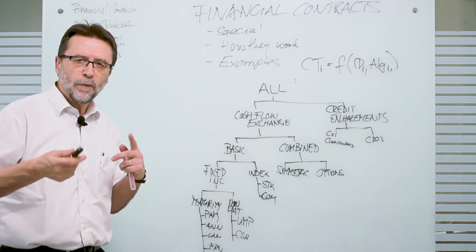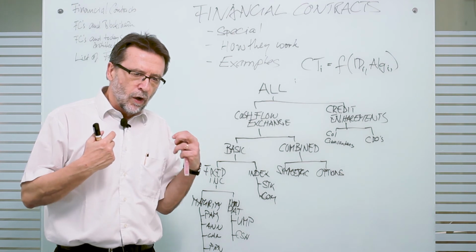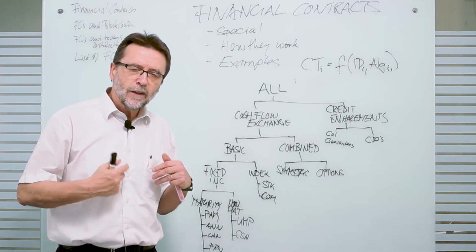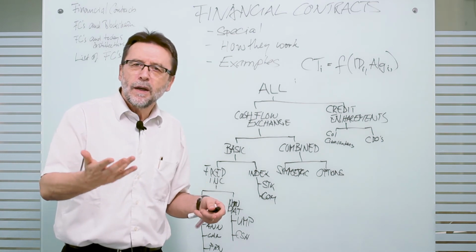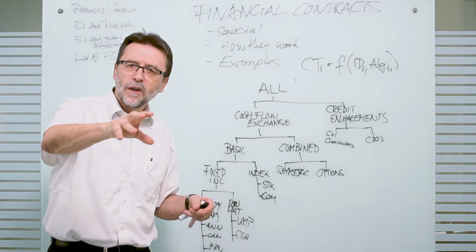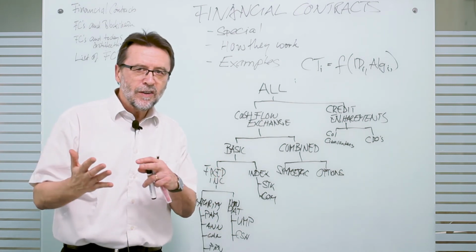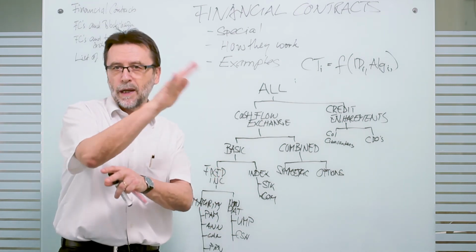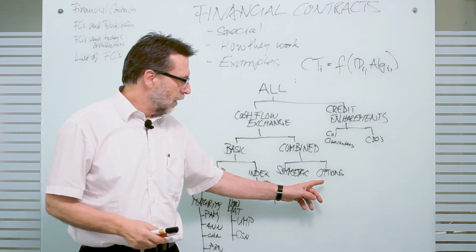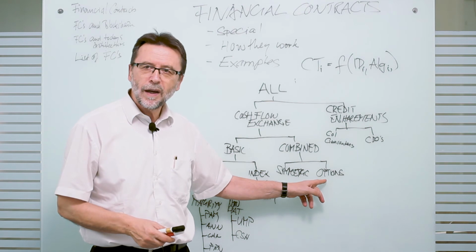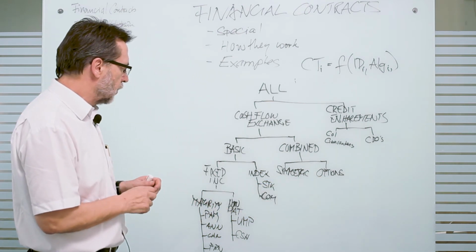If I have an option with you, and I am the option holder, so you gave me an option, then I can only win. But I had to pay you something in the beginning. So it's asymmetric. Once I have paid you, either you pay me nothing or you pay me something. I'm never going to pay you something. So you could also call them asymmetric, but they are better known under the title of options.